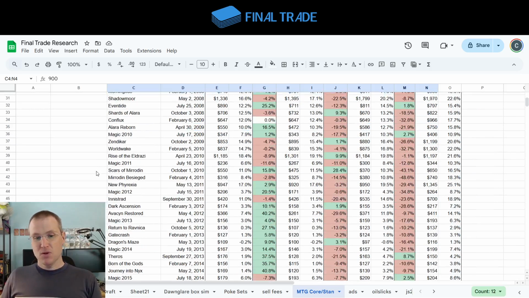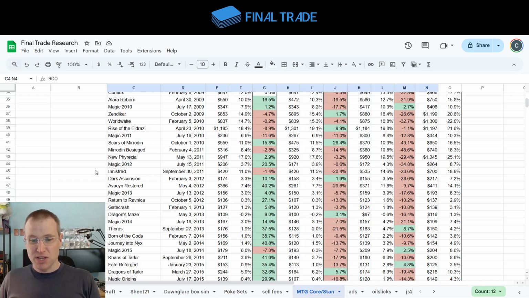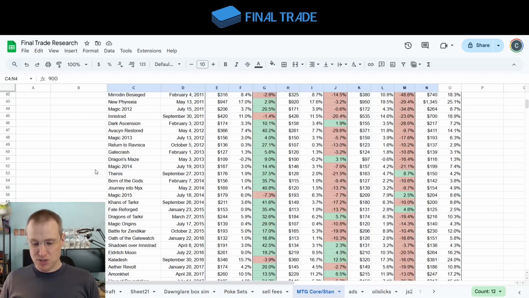Now, why is the 2010s period here so much better for Magic? Why is it recovering so much faster? Again, I think some of it could have to do with price sensitivity and the fact that the boxes are just cheaper. That goes against other theories that people will sometimes tell me that essentially WotC is destroying the reprint equity of everything.